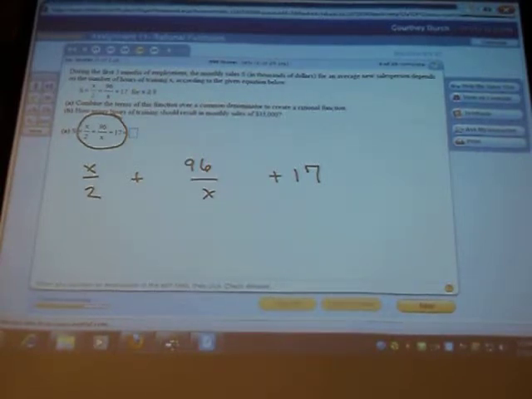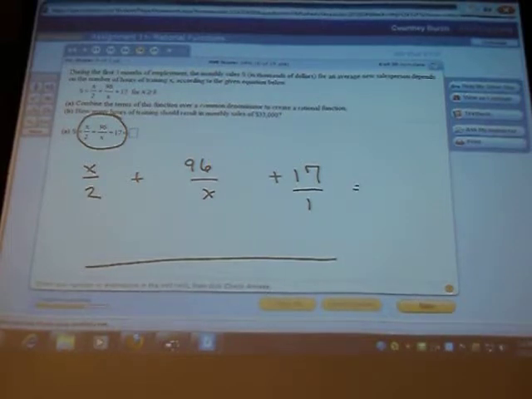I want to treat that like 17 over 1, and get this over one fraction with a common denominator. So what would my common denominator be? Just 2x.